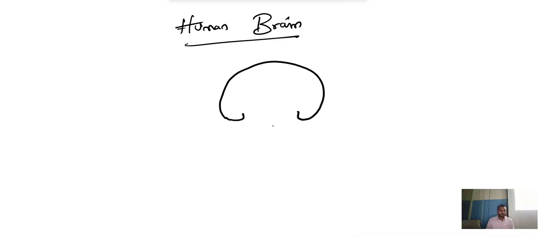Okay. Draw a shape like this. Once you draw this shape, draw a shape like this. Is this clear? Then here, draw a shape like this.